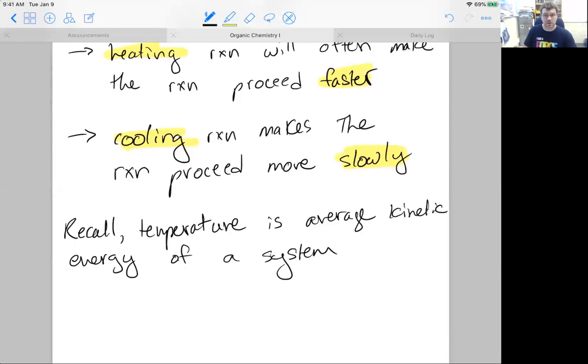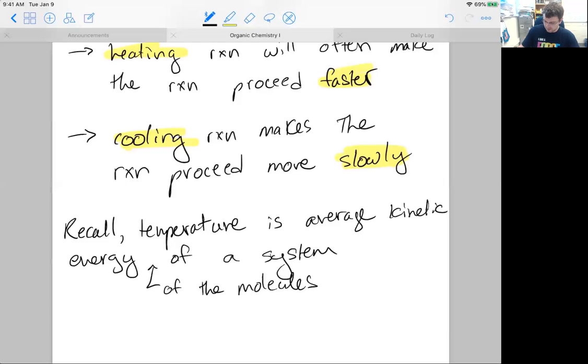And this is a good explanation if you want to be a little bit more precise. So it's the average kinetic energy of the molecules in a system. So the molecules or chemical components, the atoms, however you want to define it, it's the average kinetic energy of how, that is, how much on average each of those things is moving.